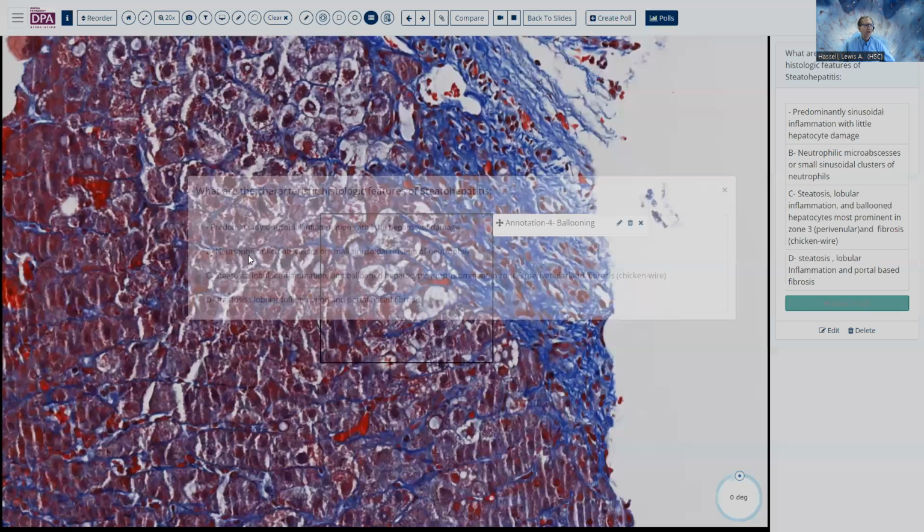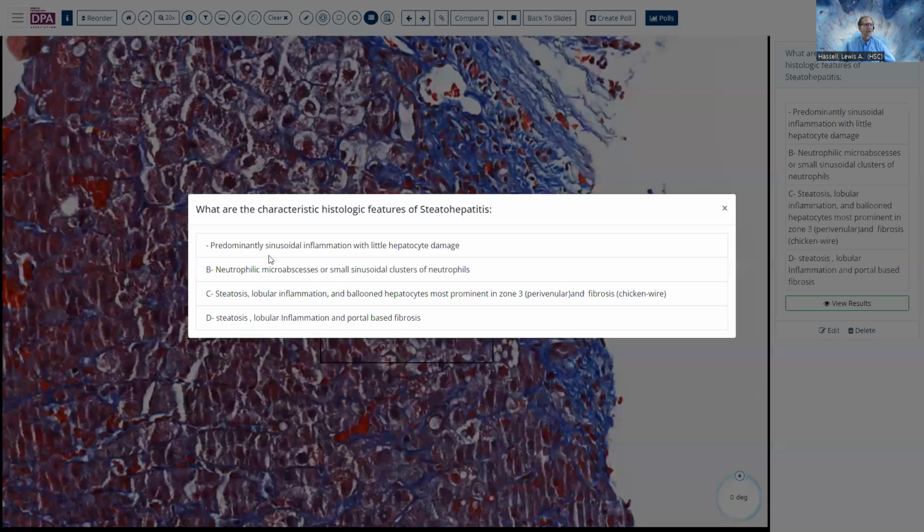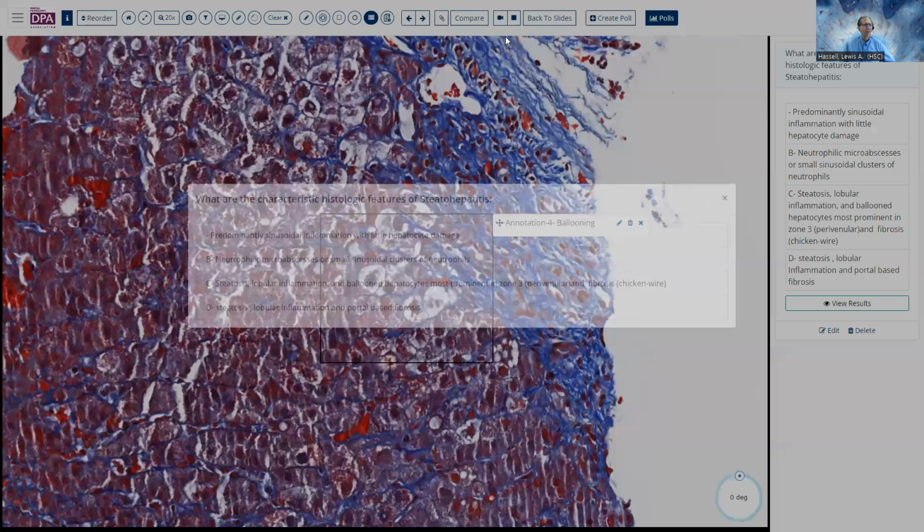So understanding the staging features for steatohepatitis: steatosis, lobular inflammation, ballooned hepatocytes, most prominent in zone 3, but also can see elsewhere. Here we saw them in zone 1 with chicken wire fibrosis. So that would be your correct answer in this case, and what you should be thinking about with steatohepatitis.